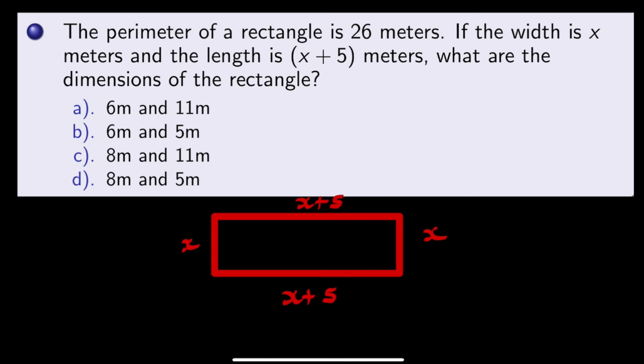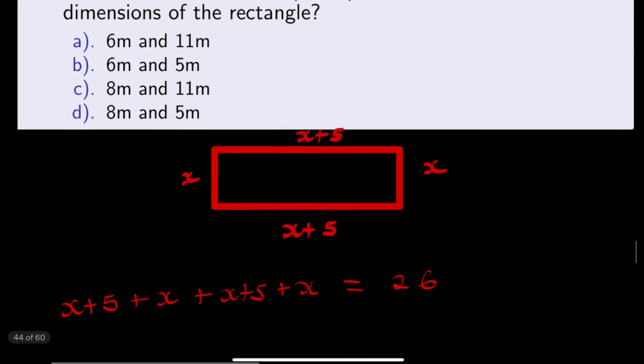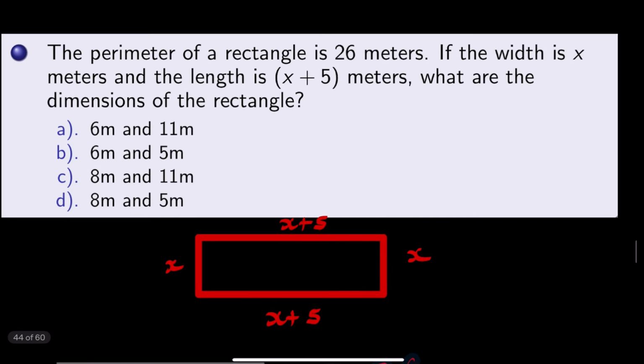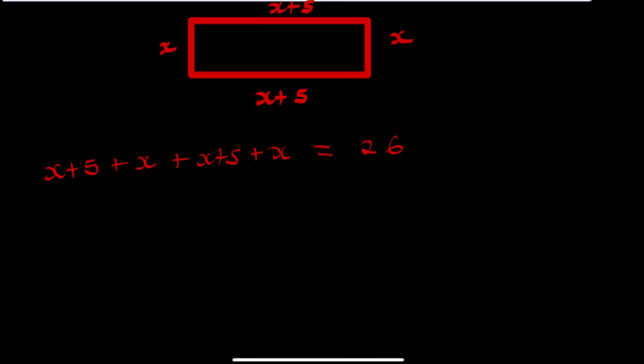So we need to add all these four sides. So we are going to have X plus 5 plus X plus X plus 5 plus X is equal to 26, because we are saying that the sum of these is 26. Now let's simplify.